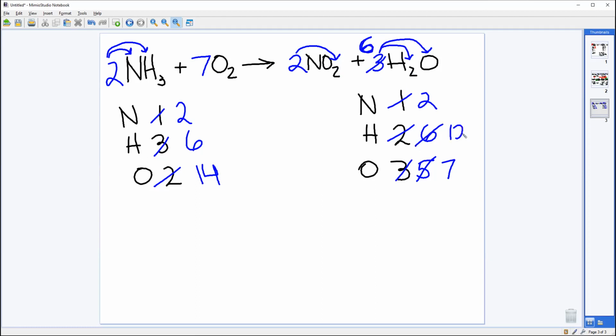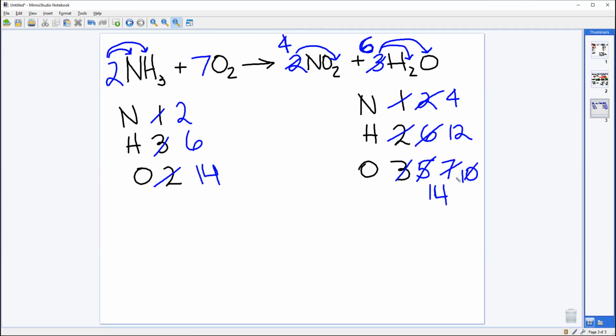So now I'm going to have 12, and I'm going to have 6 oxygen plus 4. I've got 10. So now I need 4 more. So I'm going to change this to a 4. Is that right? Yes. So now I'm going to have 4 nitrogen and 6 plus 8 gives me 14 oxygen.